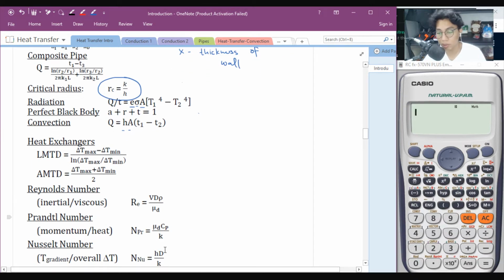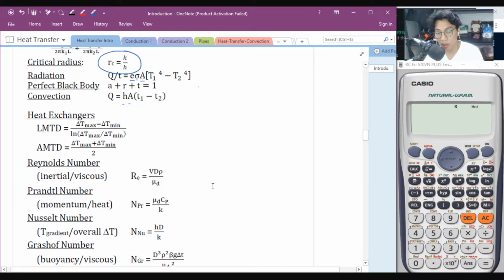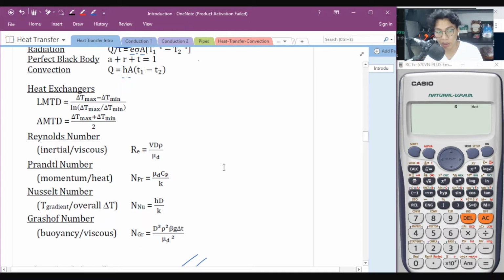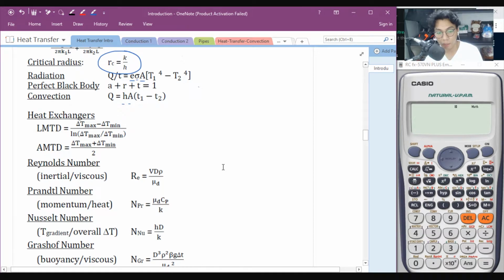Now, let us go with the non-dimensional or unitless numbers. Reynolds number, okay? Yung Reynolds number is given by VdρP over μ. Yung nasa ilalim is the viscosity of the material. Kapag μd, this is dynamic.